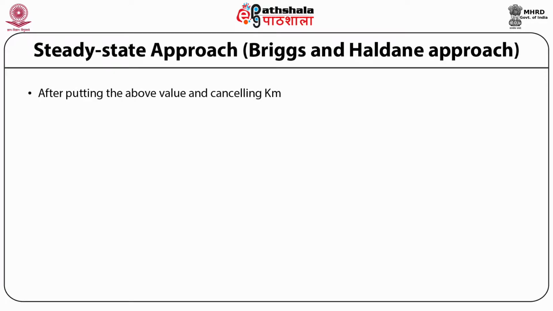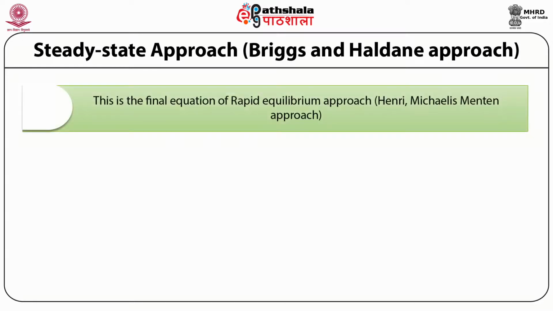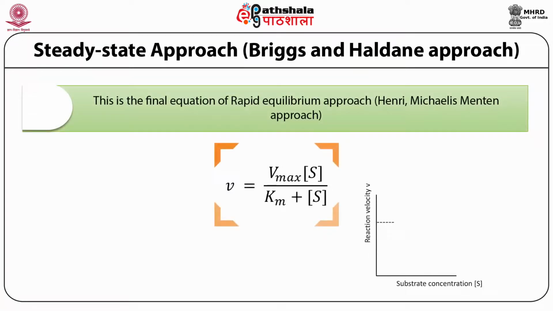After putting the value and cancelling the Km, the equation becomes V upon Vmax is equal to S upon Km divided by Km plus S divided by Km. If you further solve this equation, it becomes V upon Vmax is equal to substrate concentration divided by Km plus substrate concentration. And if you rearrange it, you will find that V0 is equal to Vmax into S upon Km plus S.